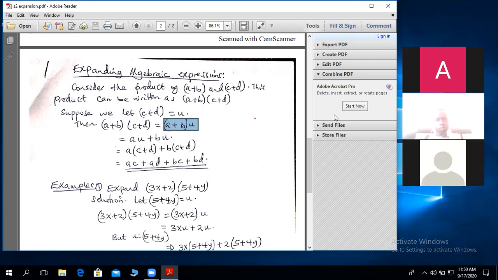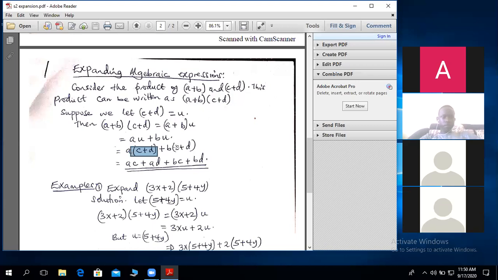So in short, when you are having two brackets and you are multiplying them, you take A, the first term, and multiply it by the whole of the second bracket. Then plus B, and multiply it by the whole of the second bracket, and then I open the brackets.